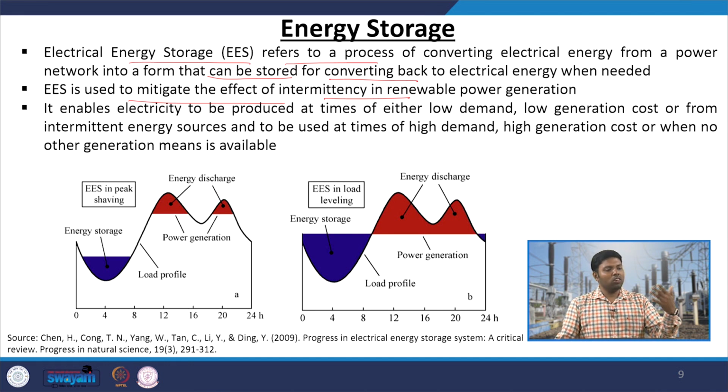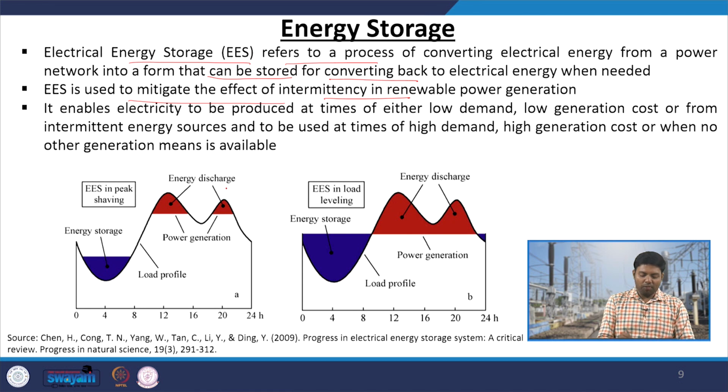Similarly, whenever your solar power generation is less and your load is very high, at that time you can discharge the stored energy from your storage and send it back to the circuit to meet the load.